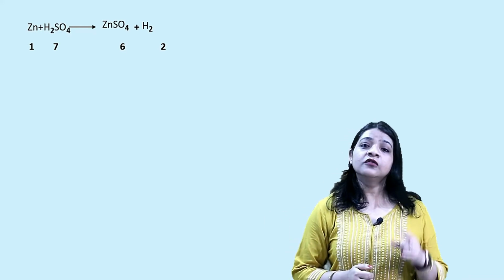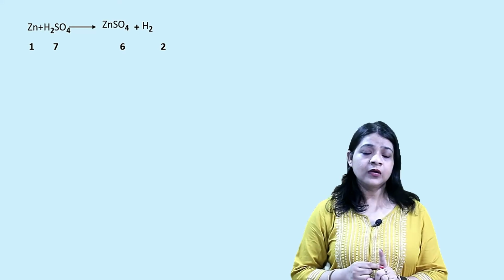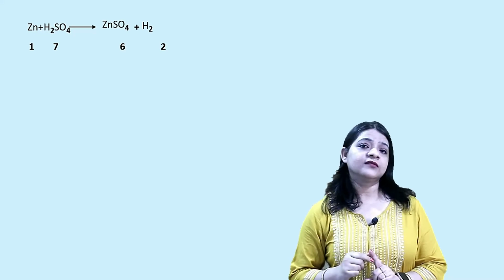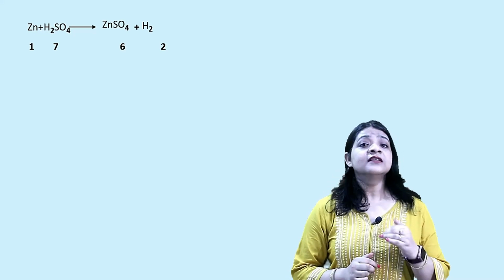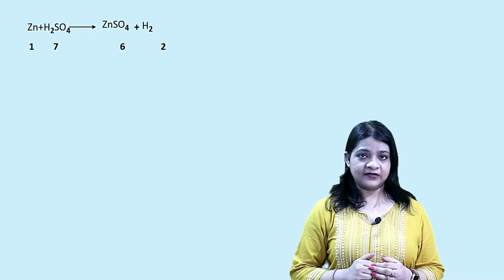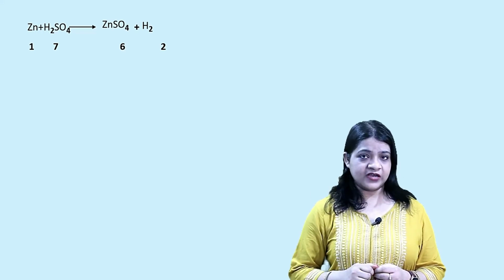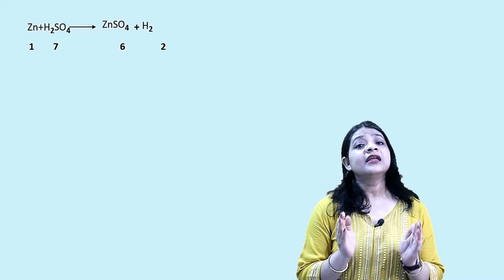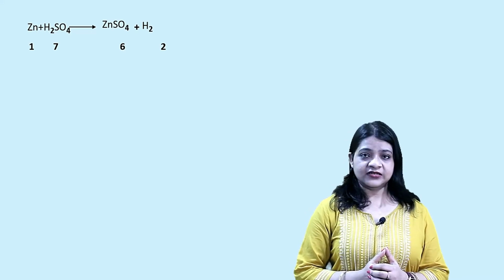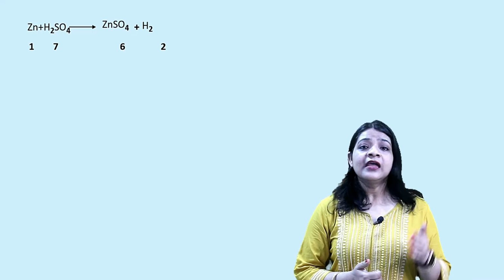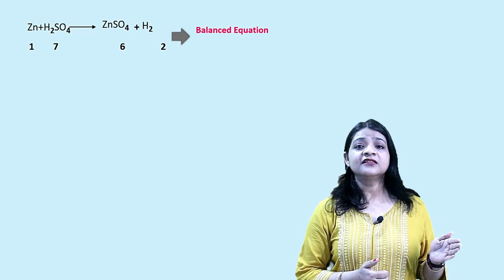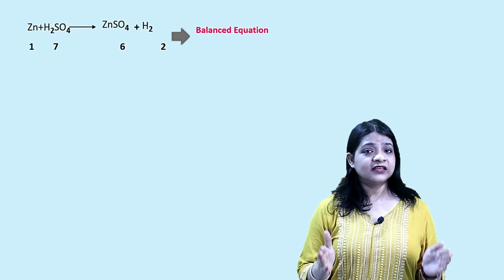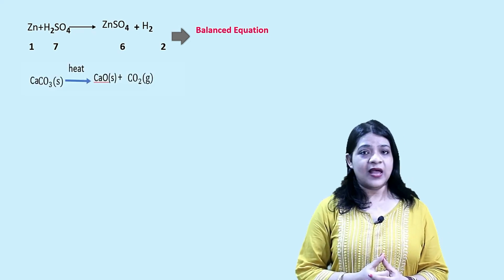Zinc is 1 atom, sulfur is 1 atom and oxygen is 4 atoms, that is 6 atoms of zinc sulfate, plus hydrogen, that is 2, making 8. Total there are 8 atoms on the product side. So 8 atoms are there in the reactant side and 8 atoms in the product side, so we can say that the equation is balanced.